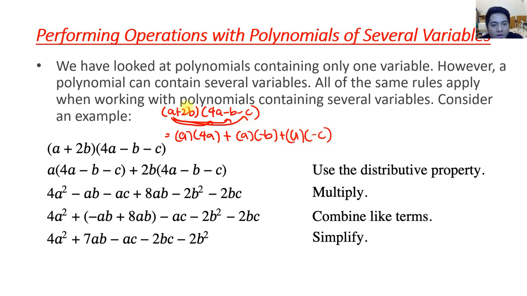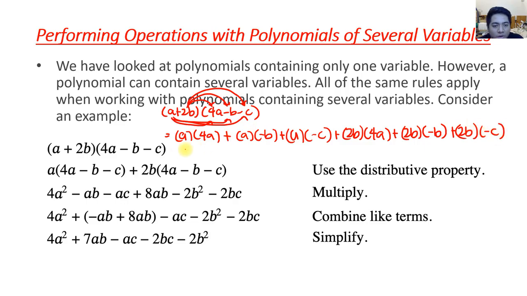And going to the second term, 2b times 4a, plus 2b times negative b, and then 2b times negative c.